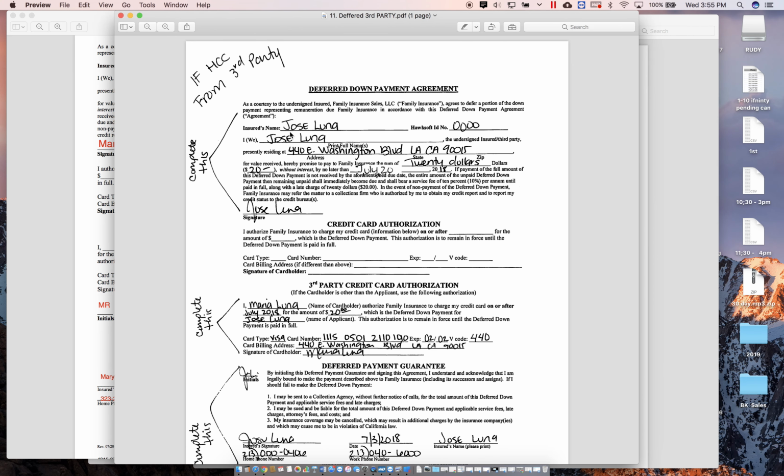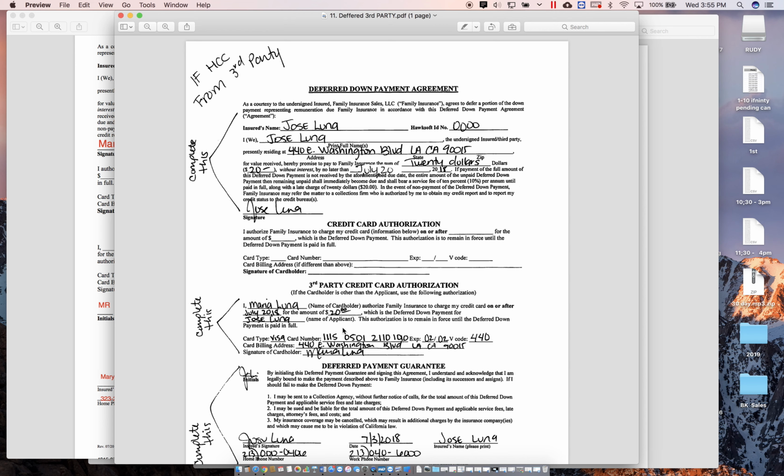For this example, Jose Luna is the policyholder, so all the information is here. There's the total, which is $20, and the balance would be due July 20th, assuming that this was processed July the 3rd.